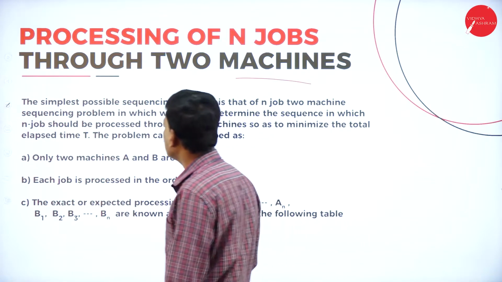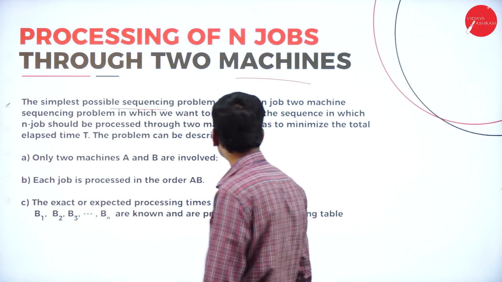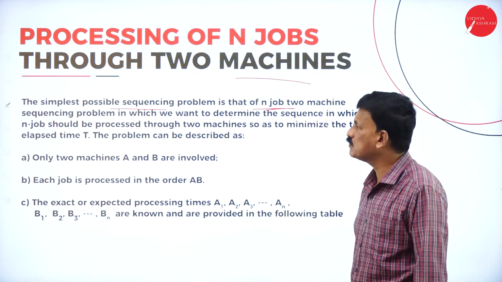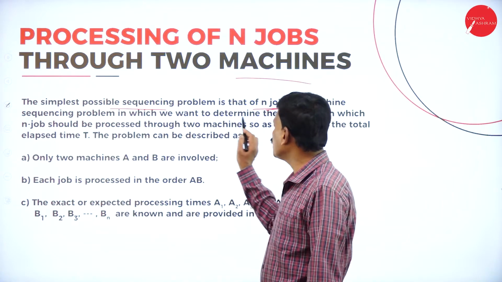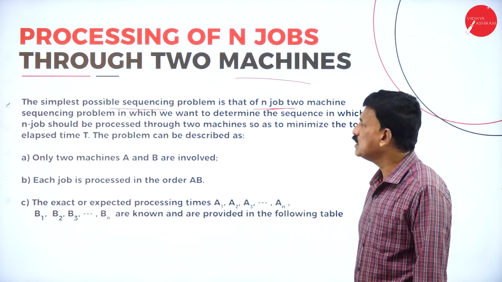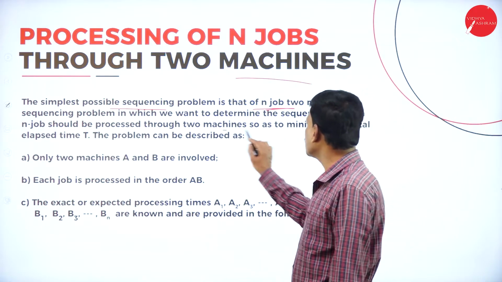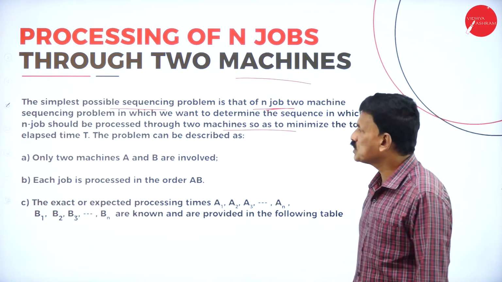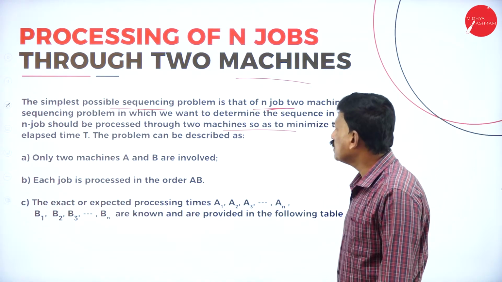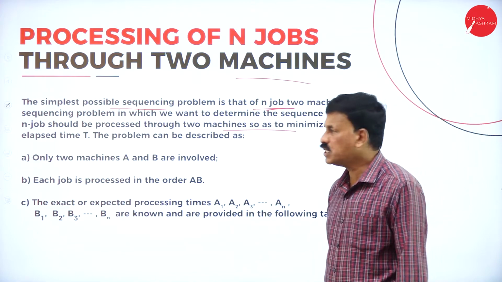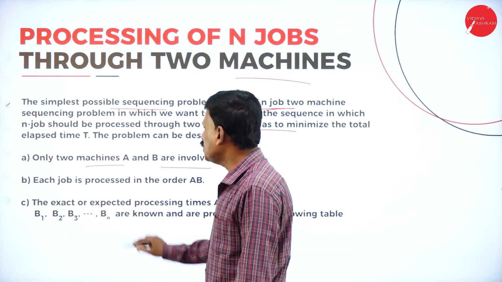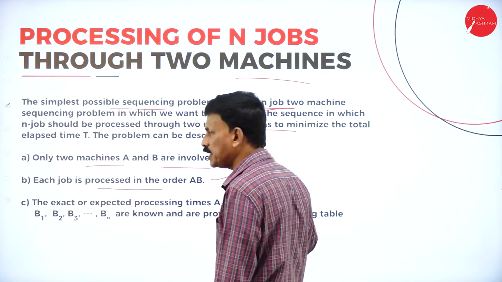Let us consider the simplest sequencing problem, n jobs and two machines, in which we want to determine the sequence in which n jobs should be processed through the two machines so as to minimize the total elapsed time. The problem can be described as follows: only two machines, A and B, are involved. Each job is processed in order A to B.